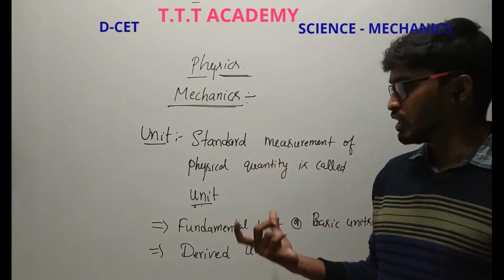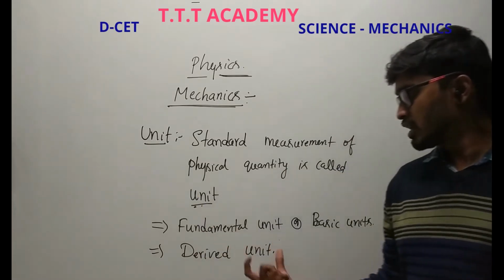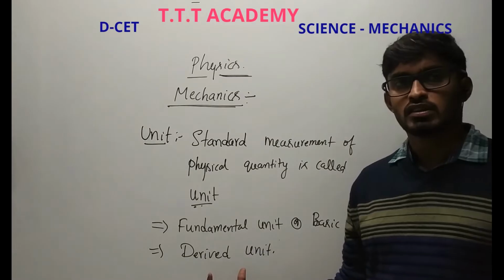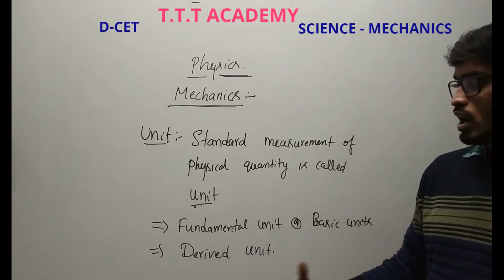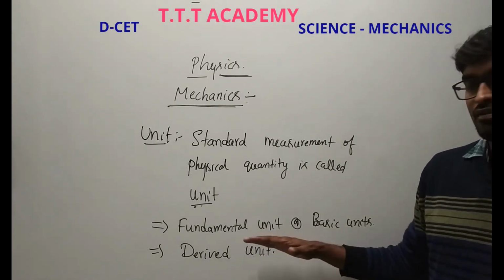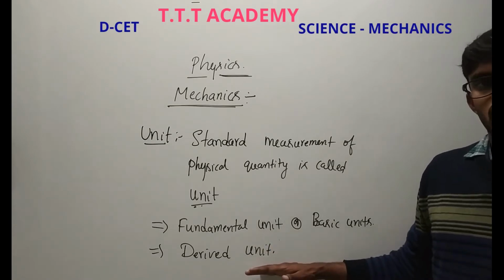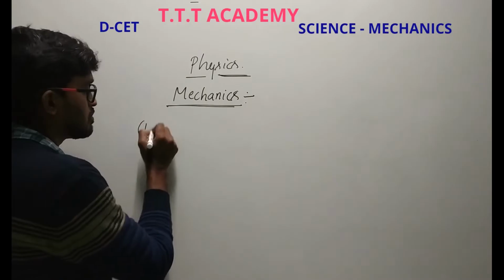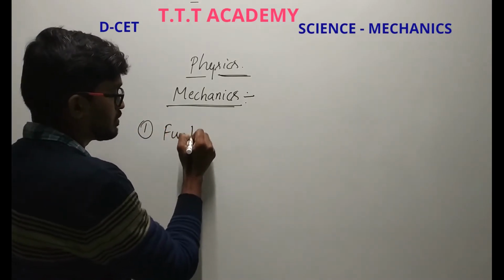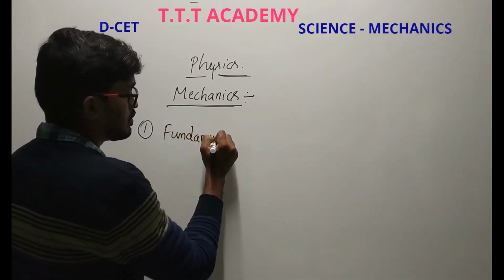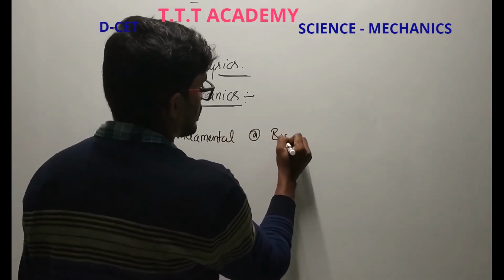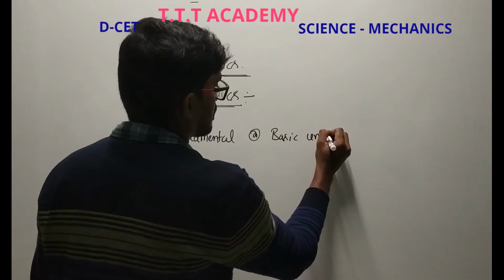Units are classified into fundamental or basic units, and derived units. Now we discuss the meaning of fundamental unit and derived unit. The first type is fundamental or basic units.